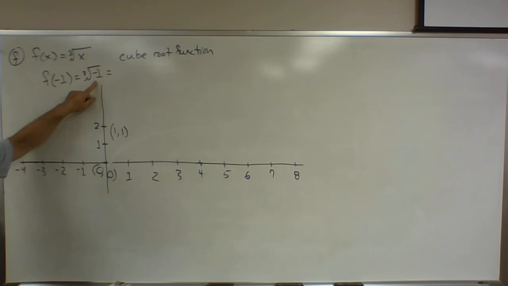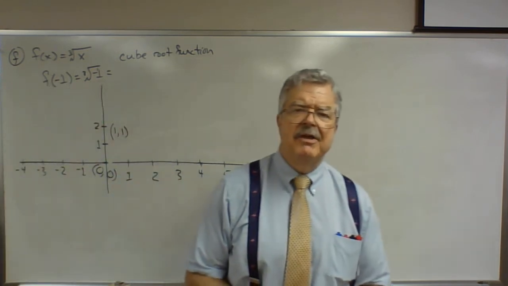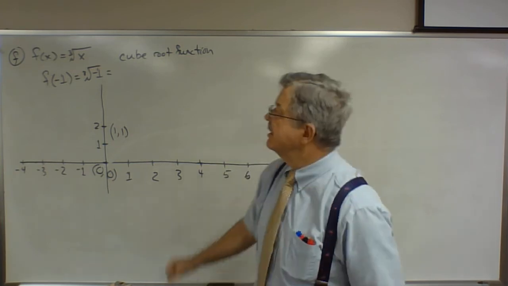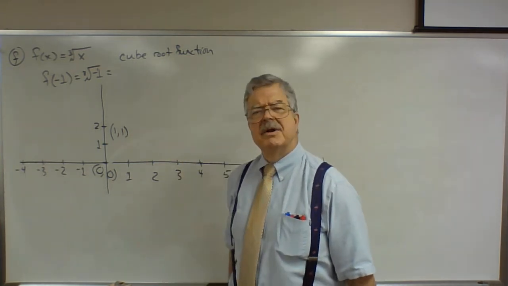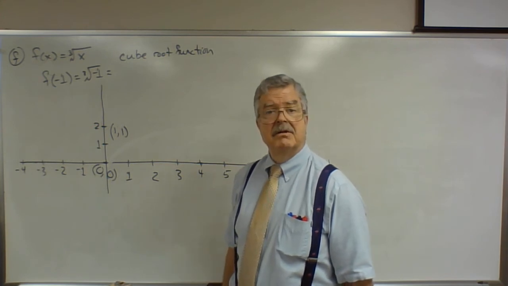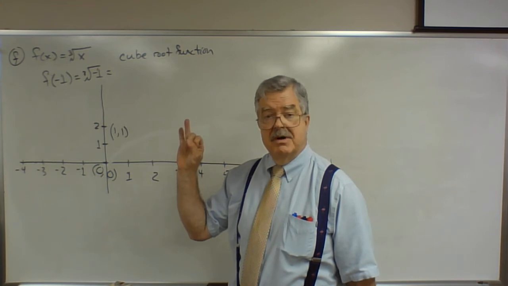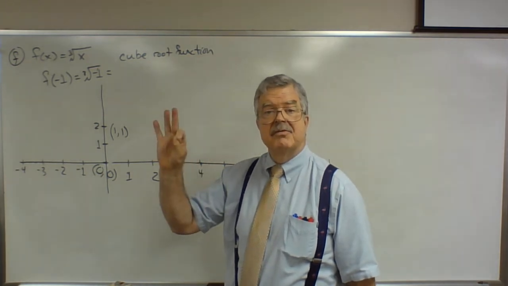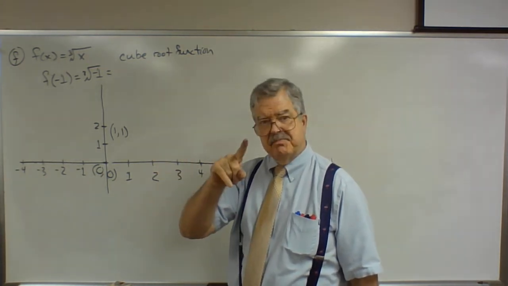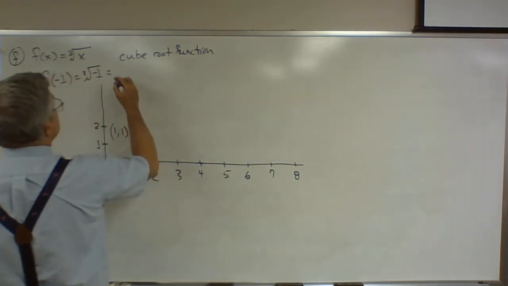The cube root of -1 is the number that we multiply by itself 3 times to get -1. Now, what number is that? Let's see. Maybe -1? -1 times -1 is +1. Times -1 again is -1. Yep. The cube root of -1 is -1.